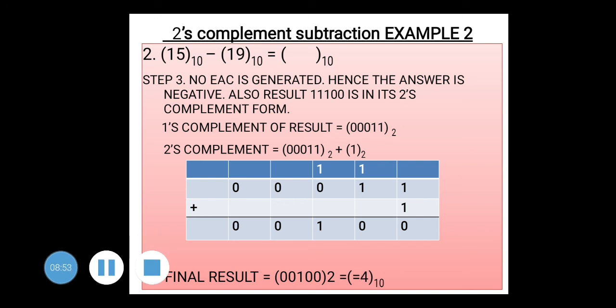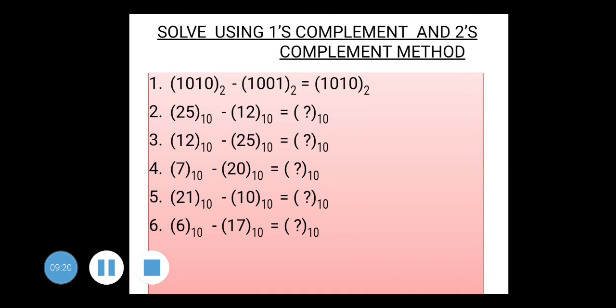So after converting it to a decimal number, you add the minus sign, and this is the final answer. This is the way to subtract numbers using the 2's complement method. I hope you all have understood this method very well. Now these are a few problems which you are supposed to solve using the 2's complement method as an assignment. Thank you.